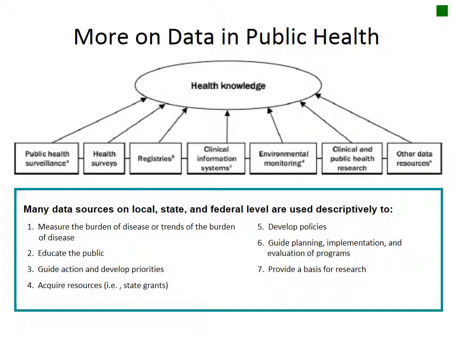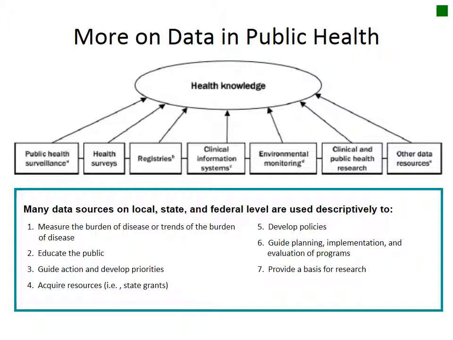And then all this that's provided to researchers can definitely inform not only the public, but also decision makers at the government, as well as the industry level. So many sources from local, state, federal levels are used, again, to measure burden, to educate and inform the public.